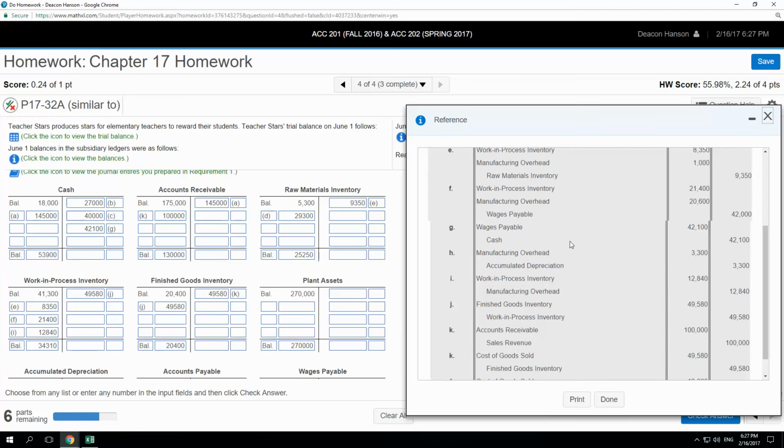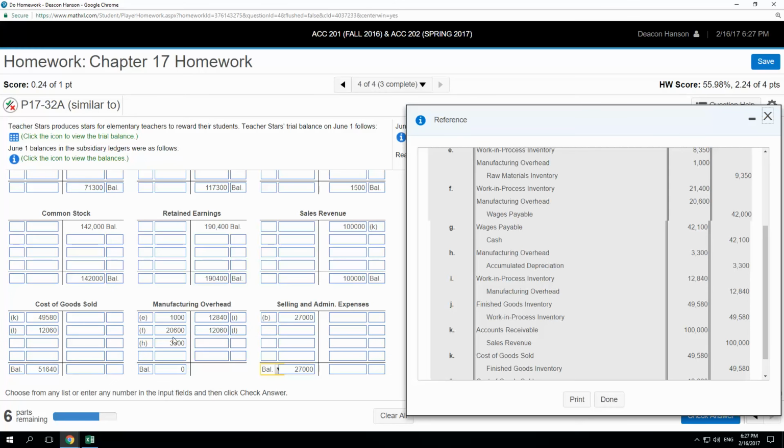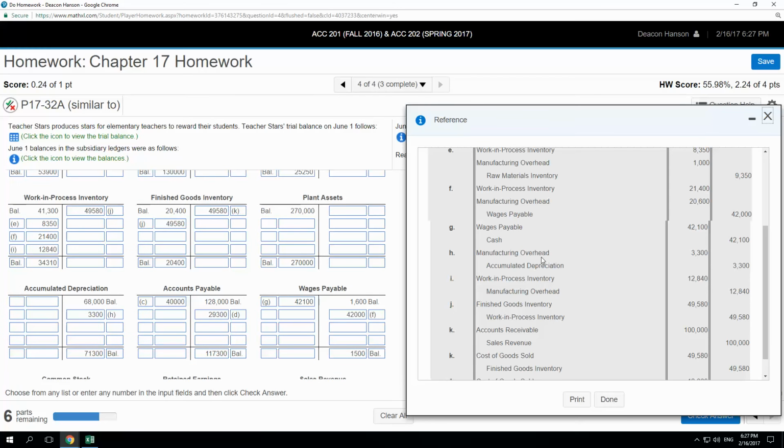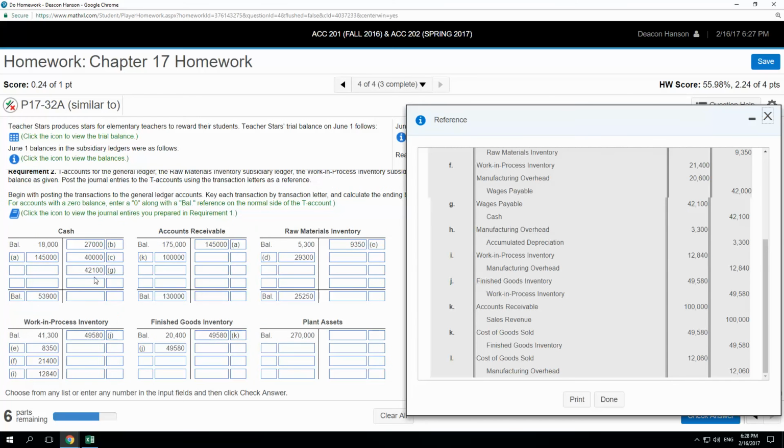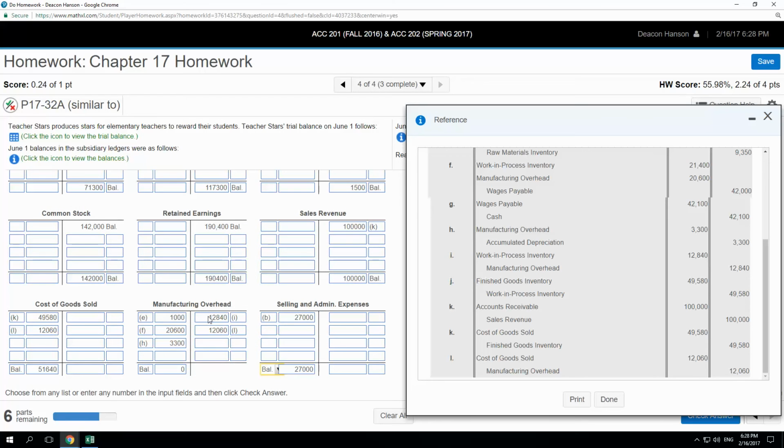E, okay. F, work in process 21,400. Okay. Manufacturing overhead 20,600. F, okay. Wages payable 42,000. Credit. F, okay. G, wages payable 42,100. Cash 42,100. G, okay. H, manufacturing overhead 3,300.